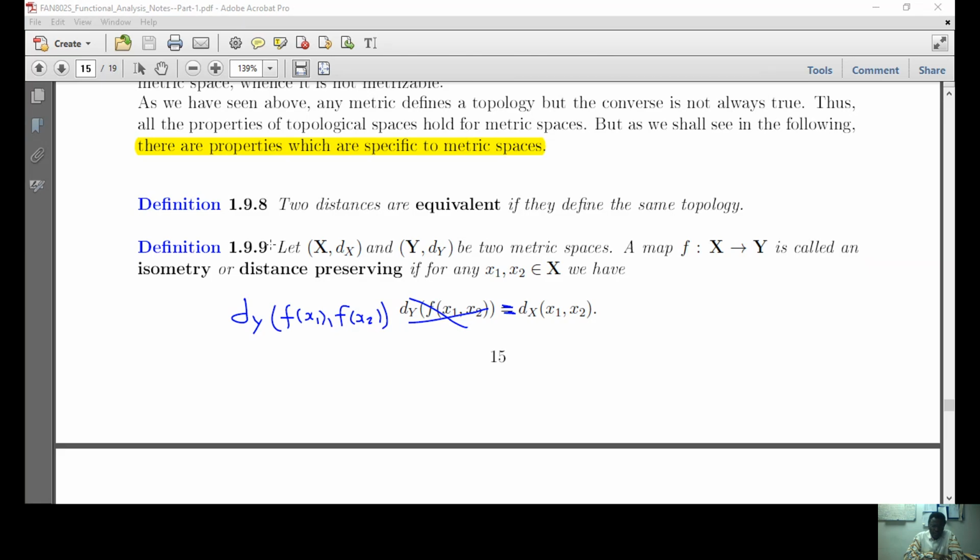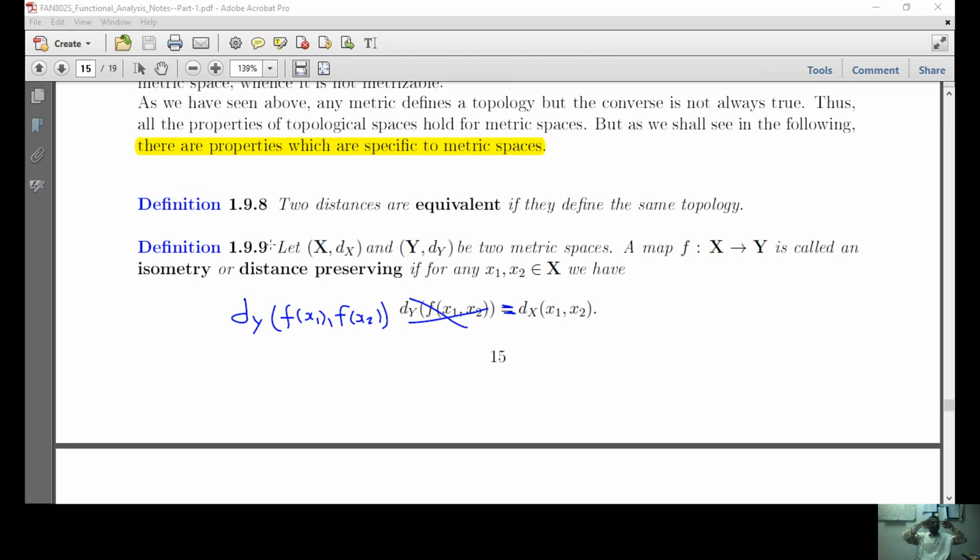Okay, so the following definition is about equivalent distances. Two distances are equivalent if they define the same topology. So let's say I have D1, which is a distance, and I have another distance D2, right?